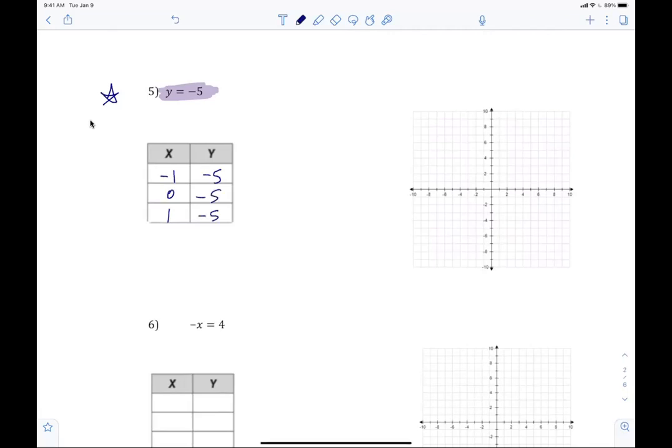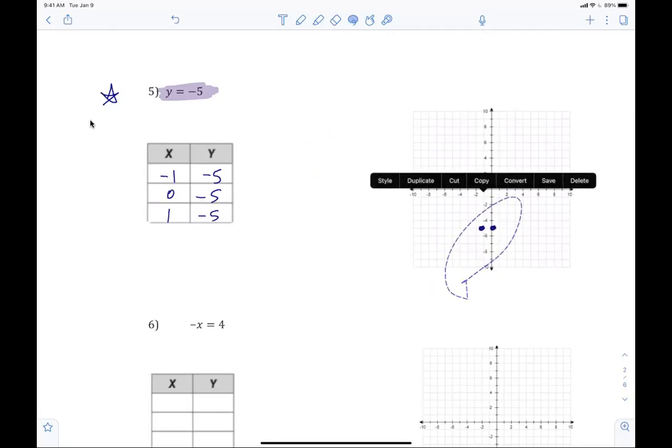And now plot those points and you should see you have a strange line. All right. So plot -1, -5. 0, -5. 1, -5.